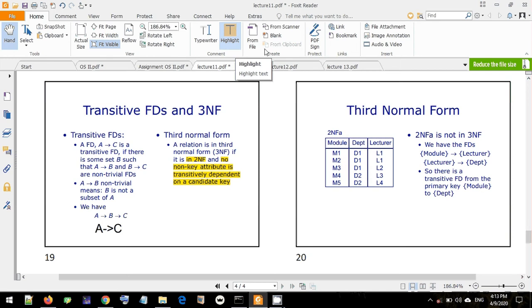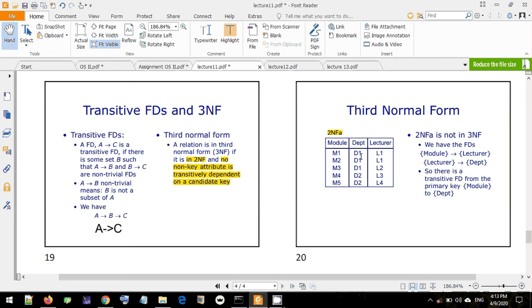Now, let's look at this table, and you observe some dependencies. Is this table in second normal form? Yes, we just got it from above. It's in second normal form, but you observe here that we have two dependencies. The module is dependent on the lecturer, and the lecturer is dependent on the department.